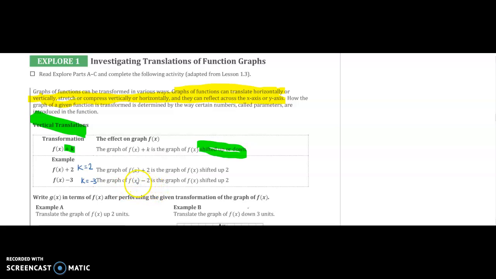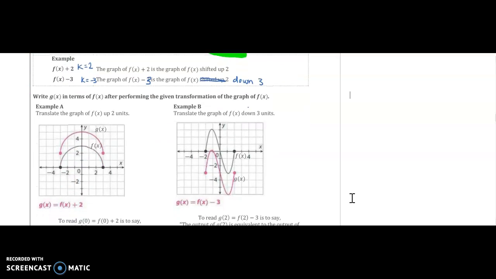And the graph of f of x minus 3 is the graph of f of x shifted, we got to fix a couple things, down 3. Alright? So if k is negative 3, the graph of f of x minus 3 gets shifted down 3. So make sure that you fix that, because that'll be confusing if you try to figure out what's going on with that one.